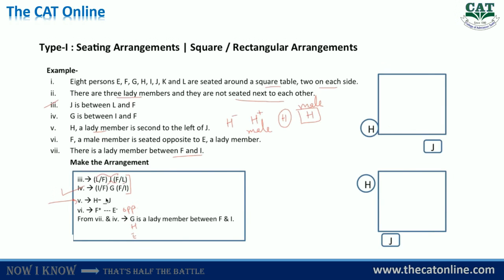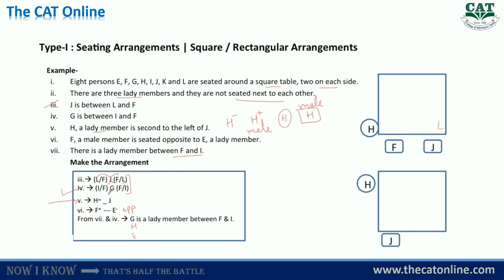So where else do I find J? J is sitting between L and F. So wherever J is sitting, his neighbors would be F and L. If I put F over here, I know that F, J, and I can put L over here.